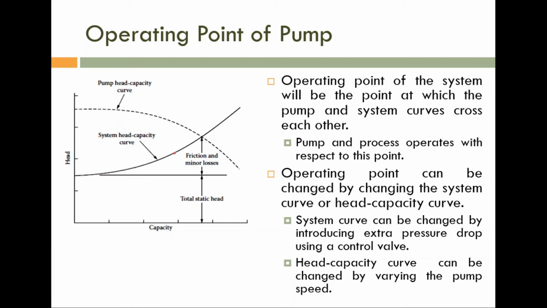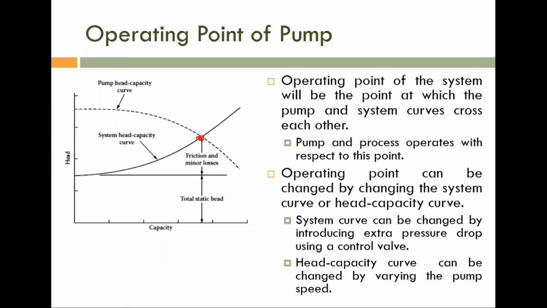Okay. So what is happening if the flow rate is increased to this point? You can see that the discharge pressure given by the pump is exactly equal to the friction, or the pressure difference, offered by the system.